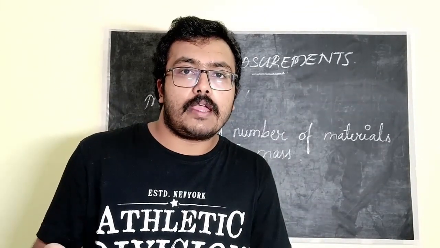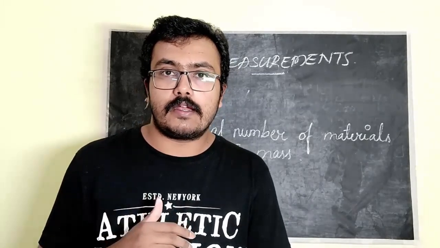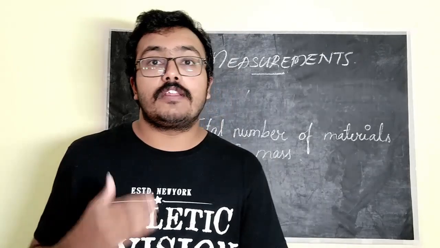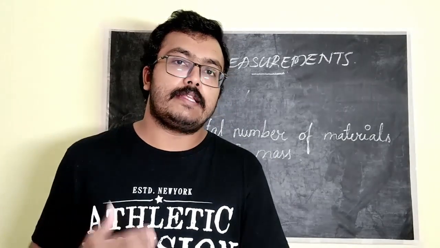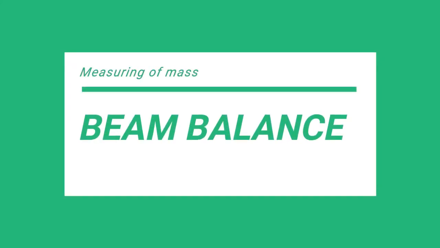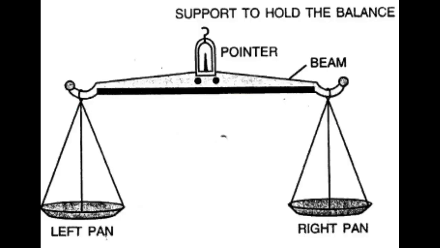In order to determine the mass of a substance, a few devices are used, of which the first one is a beam balance, the second one is called a physical balance. A beam balance consists of a horizontal beam supported at its center. You can see that in the image.